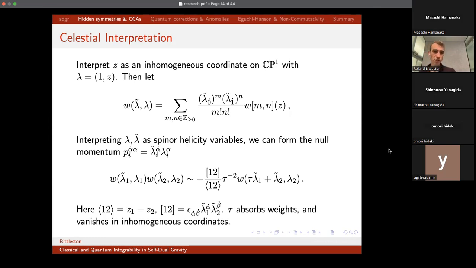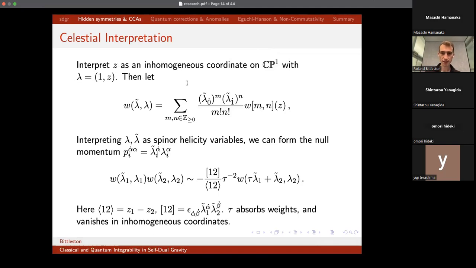To do that, I first want to take this inhomogeneous coordinate z, which, if you recall, was an inhomogeneous coordinate on a twistor line, and reinterpret it in terms of a homogeneous variable lambda. This CP1 you can think of as the celestial sphere of space-time, and it transforms under left-handed rotations. The left-handed rotations would act on z as a Mobius map, and on lambda they just act in the fundamental.